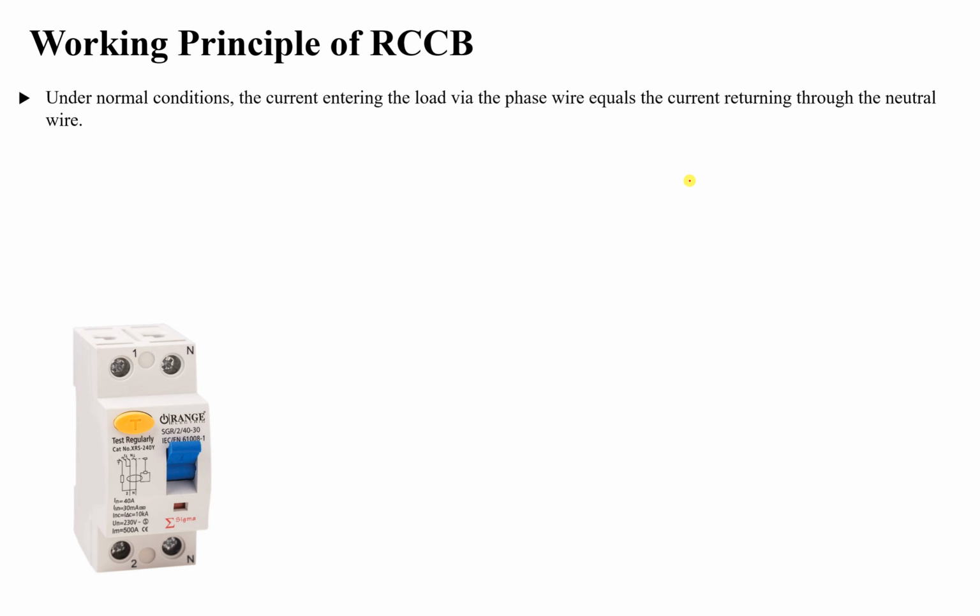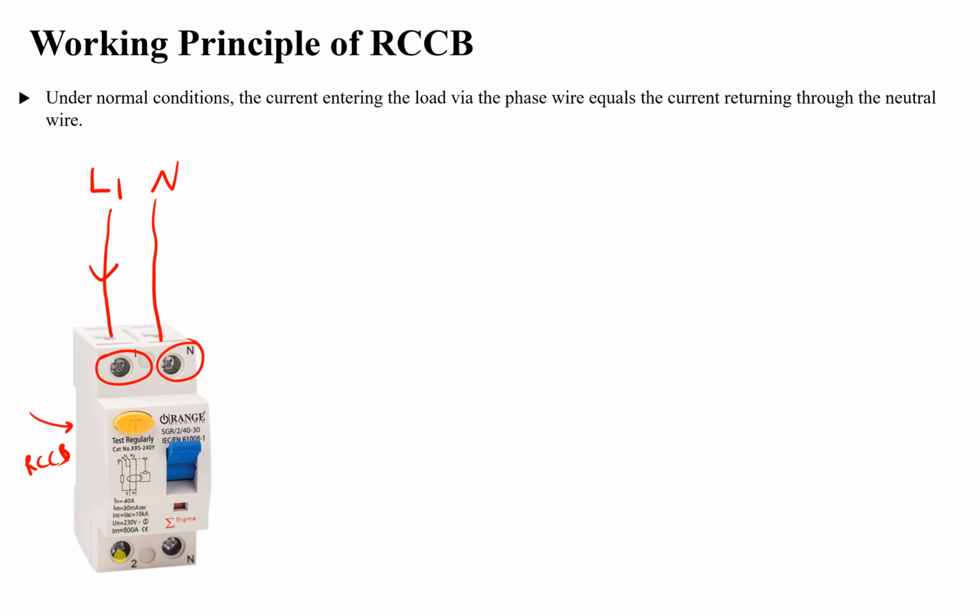So under normal conditions, the current entering the load via the phase wire equals the current returning through the neutral line. So if you look at this circuit breaker, the single phase RCCB, you can see we have a line and a neutral. So for example, the entering line and the neutral.